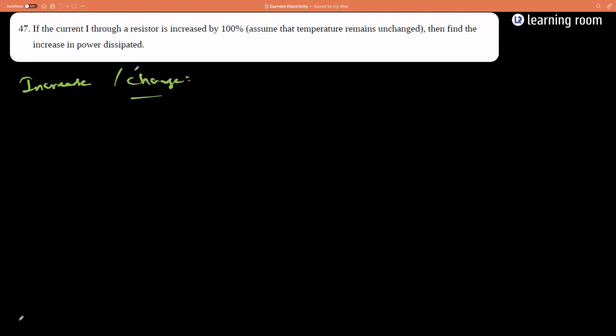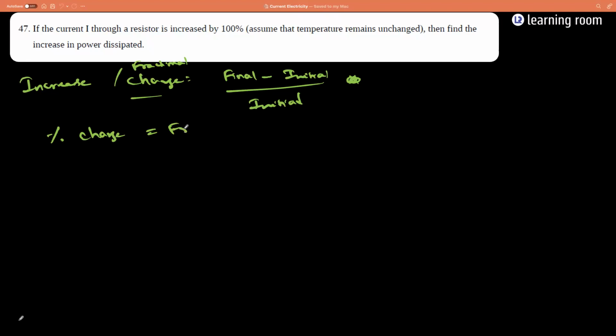Change means fractional change, which means final minus initial by initial. This is a fractional value. If they ask percentage change, it is fractional change multiplied with 100. I hope you understood what fractional change means.